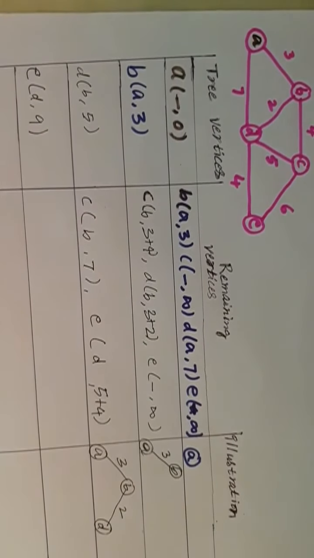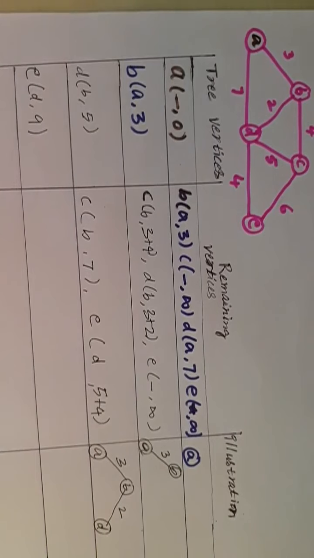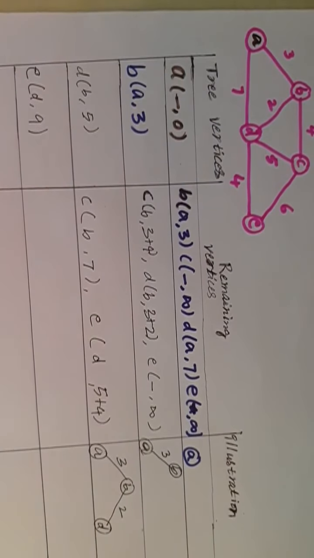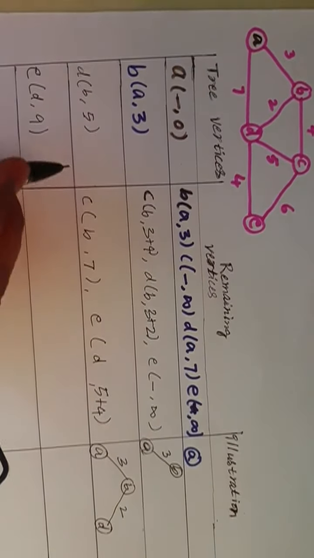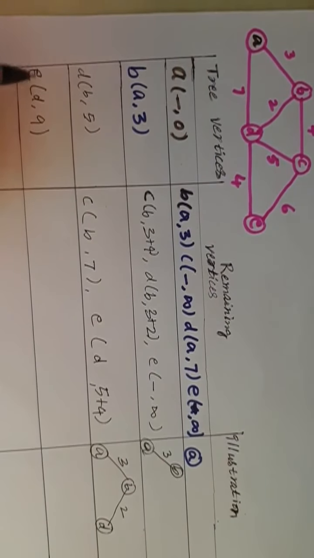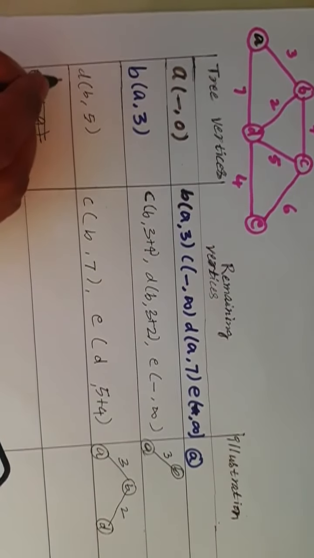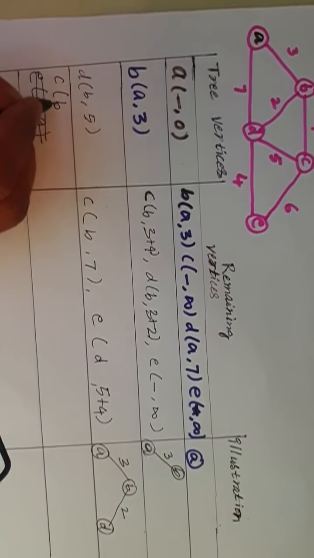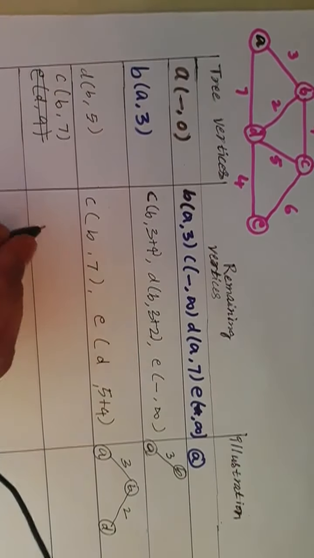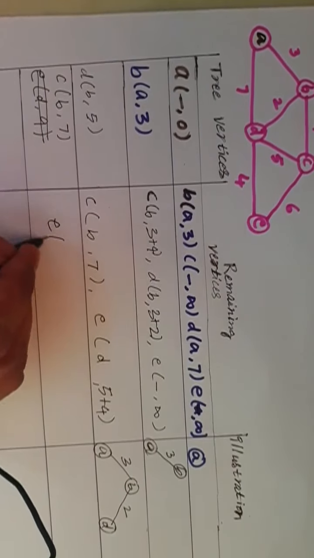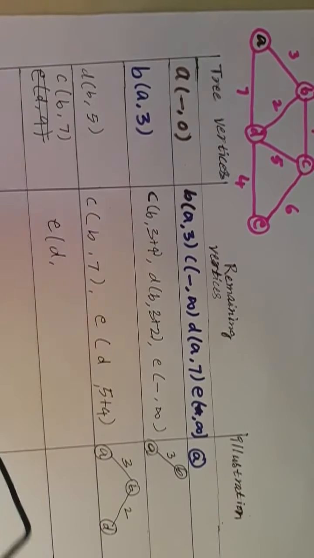Now the remaining vertex, oh sorry, C is minimum. I'm very sorry. C is selected, B comma 7, and the remaining vertex is E, D comma 9.